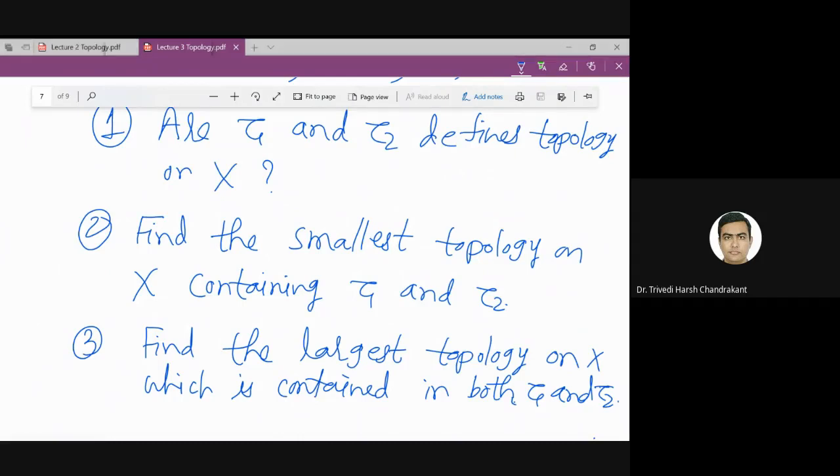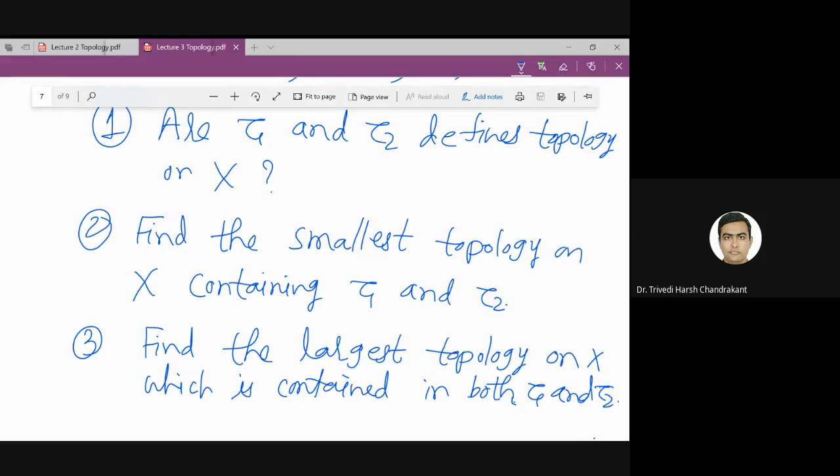We know that for vector spaces, if I have two vector spaces V1 and V2, I can find a vector space which is contained in both V1 and V2, and in the same way I can find a vector space which contains V1 and V2.